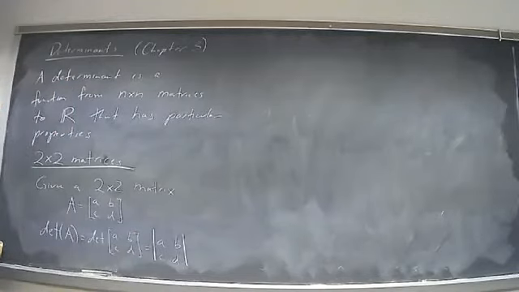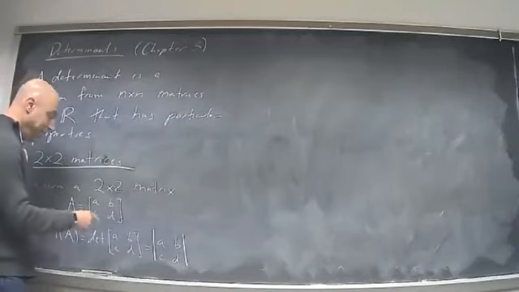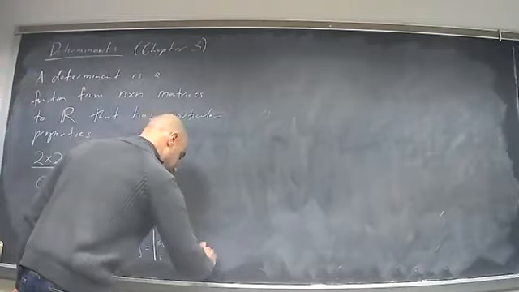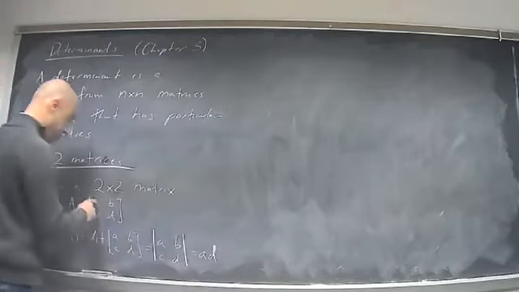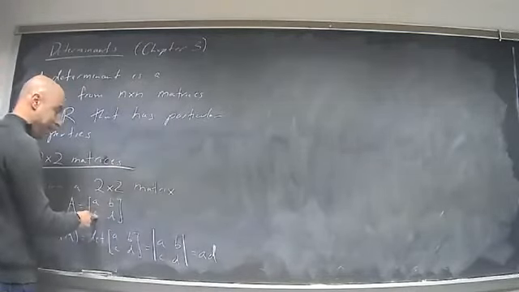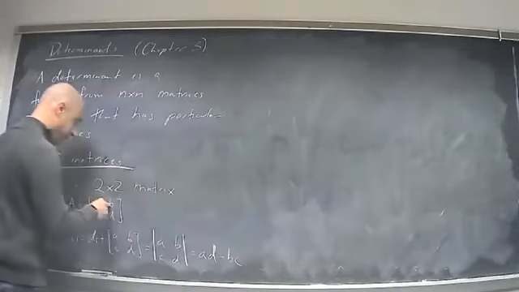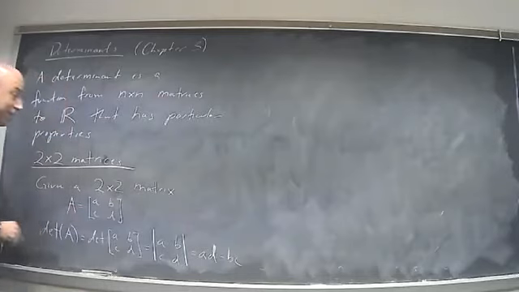To take the determinant of a 2 by 2 matrix, all you do is you take the upper left-hand corner times the lower right, a times d minus b times c, minus the product of the ones off the diagonal. That's all there is to it. Taking the determinant of a 2 by 2 matrix is a piece of cake.